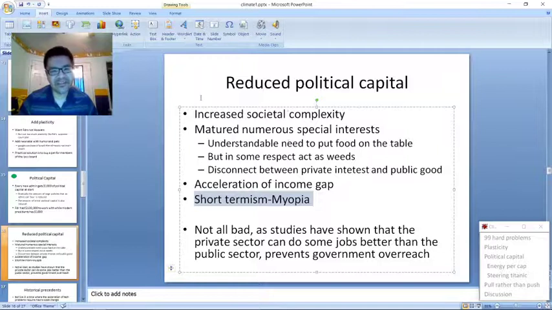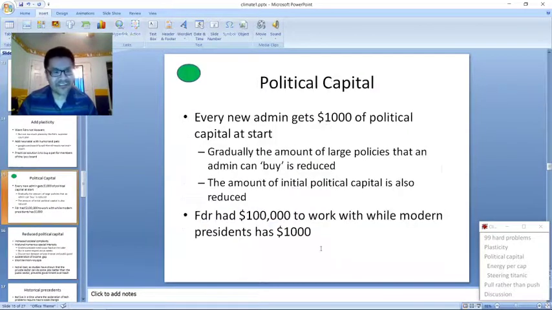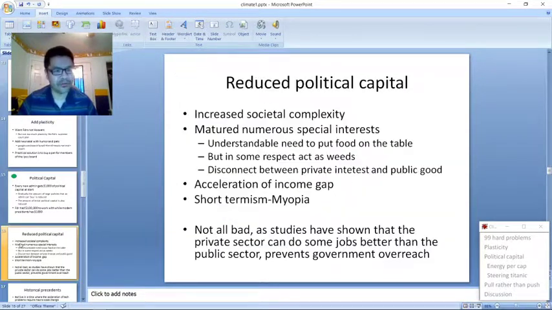And this reduced effectiveness in political capital is not all bad, because studies have shown that the private sector can do some jobs better than the public sector. It prevents government overreach.